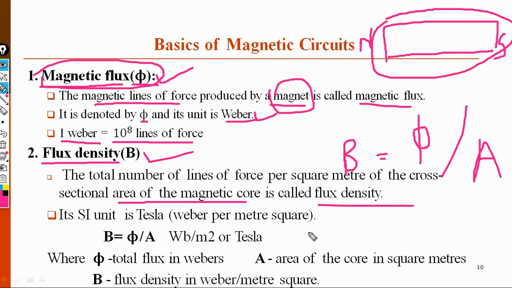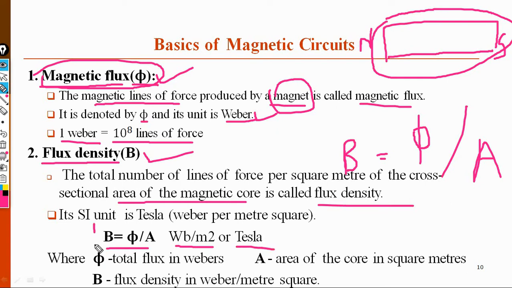That means flux density is the ratio of magnetic flux per unit cross-sectional area of the magnetic core. The formula for flux density is B is equal to phi upon A. The unit is Weber per meter square or Tesla.